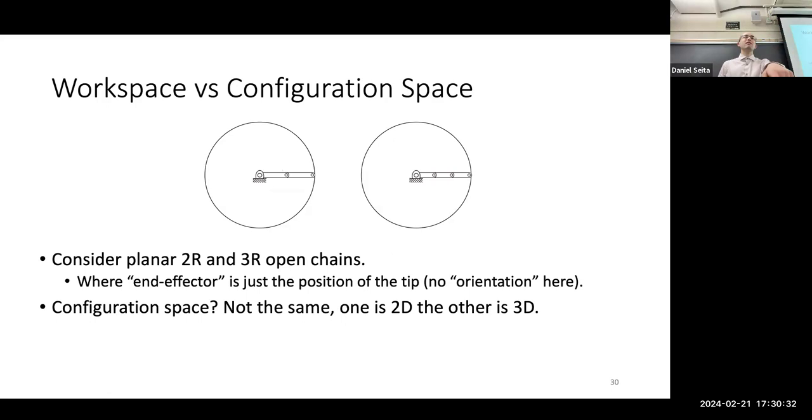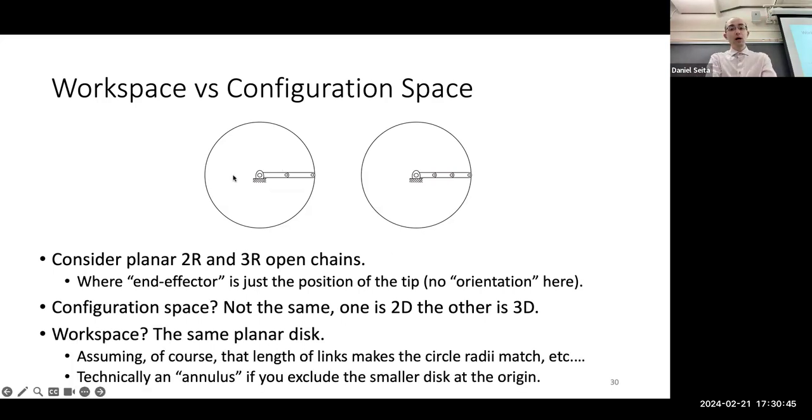In fact, you can still have workspaces of the same dimension, which are still different, but here they're not even the same dimension. Now the workspace could actually be the same. So the workspace could be the same planar disk. Yeah, you see why?